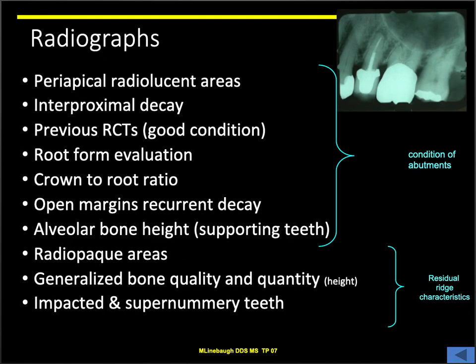You also need to have some radiographs. X-rays tell you the abutment condition and also what the remaining residual ridge looks like. So overall, this gives you the idea about how to define the patient classification.